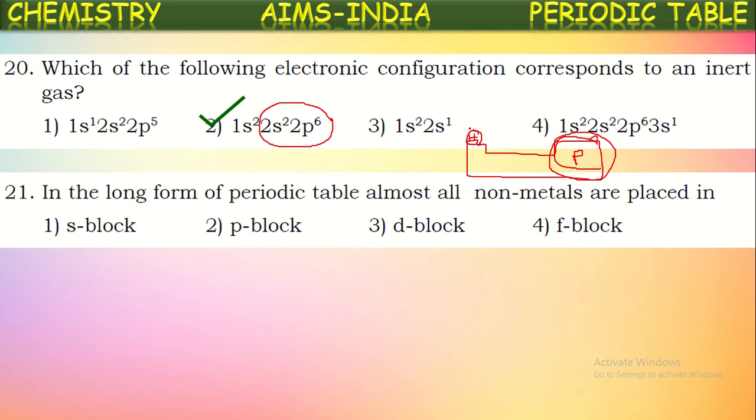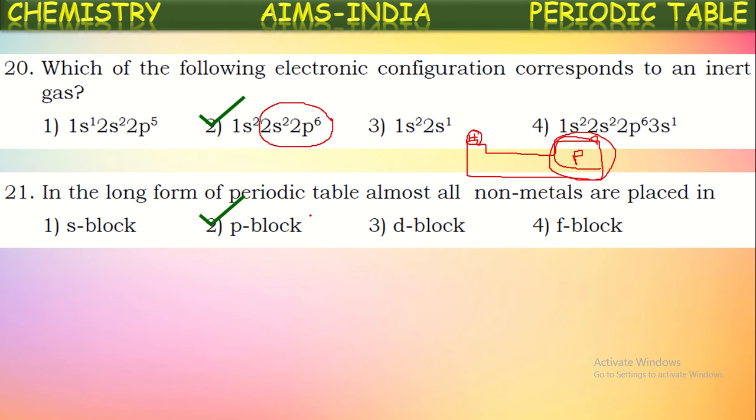So except hydrogen, all remaining elements are present in the extreme right side of the periodic table. That right side is called P block. So the modern periodic table contains almost all non-metals in the P block itself.